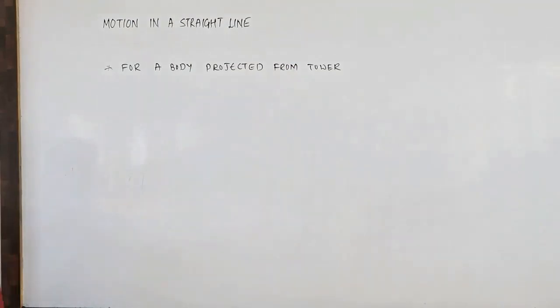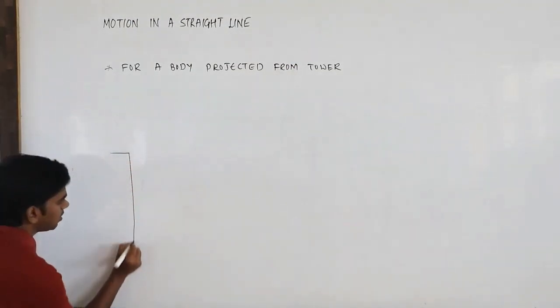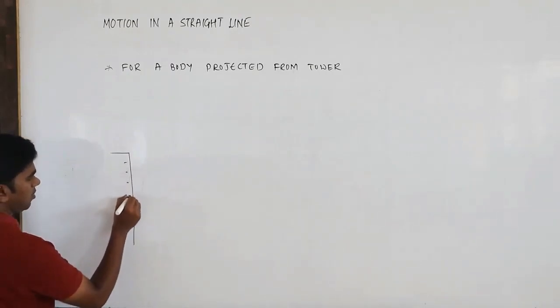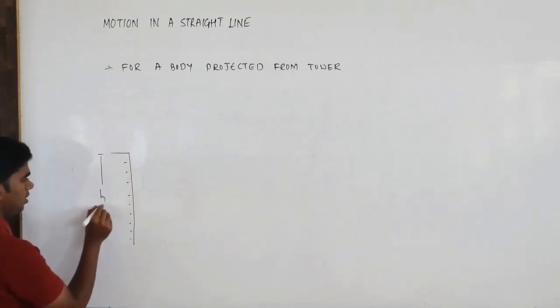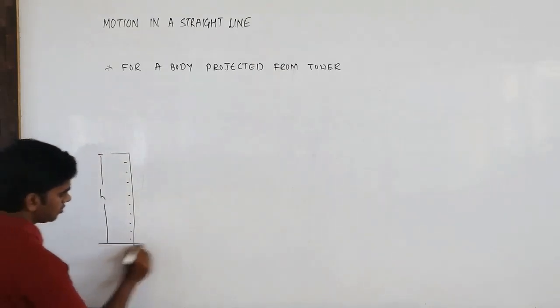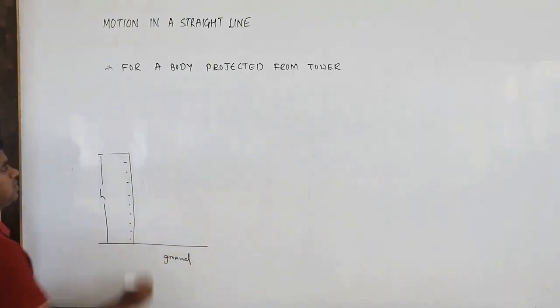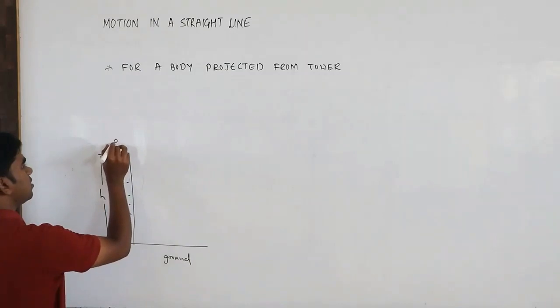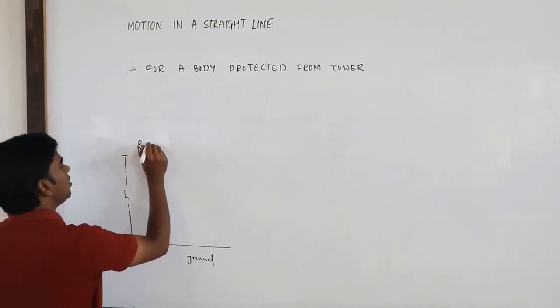Suppose you are standing on a building, its height is say h. The height of the building is h. This is your ground, and you are standing over here, and you throw a body in an upward direction.